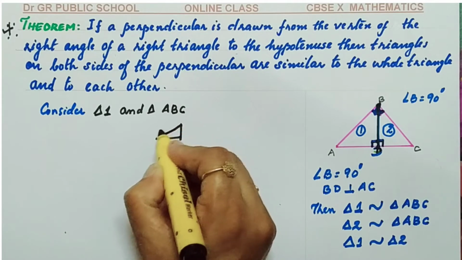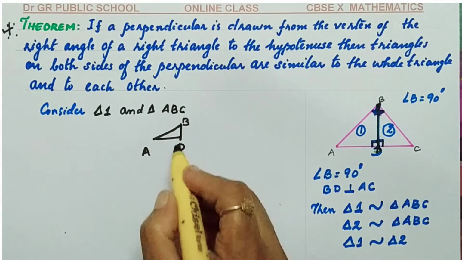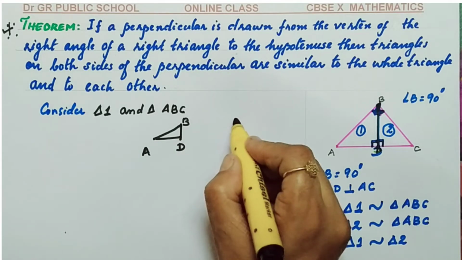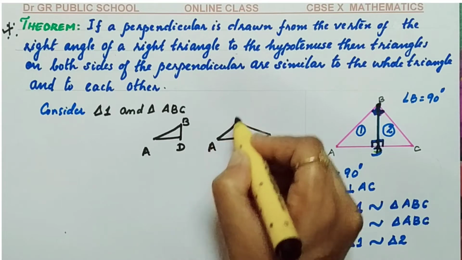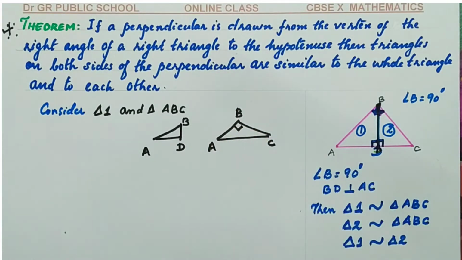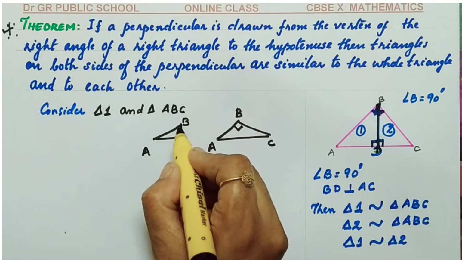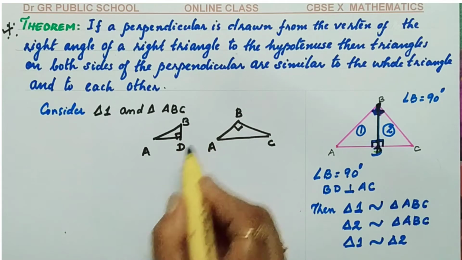A, B, D. This is your triangle 1. And the whole triangle you can see like this. A, B, C. Here in the whole triangle, it is 90 degree at B. But in triangle 1, this is 90 degree at D. I need to prove that these two are similar.